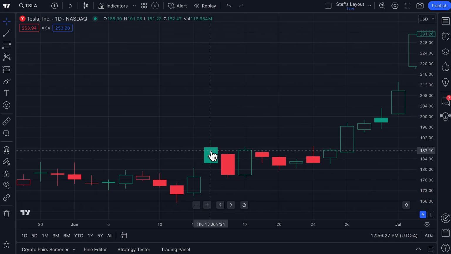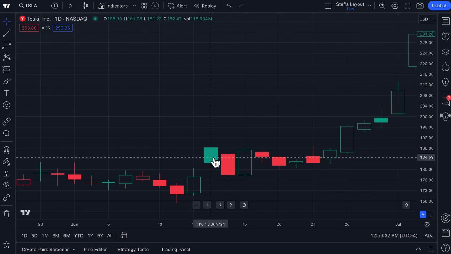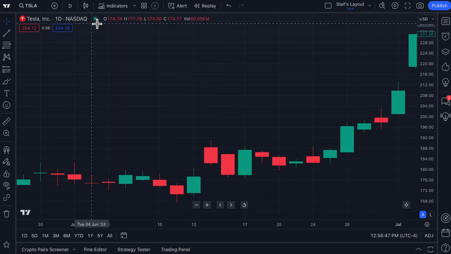So even though it had a down day, it's still higher than yesterday, and it's going to remain green, and it's going to be filled in to demonstrate that. It was still higher than yesterday's close, but we're going to fill it in green because it's lower than the open. So you really have to work your mind around this concept that's a little bit different than candlestick charts, and it's filled in a different manner.